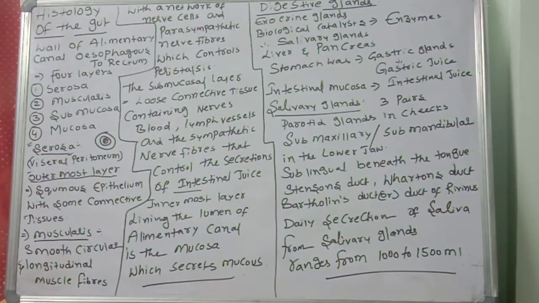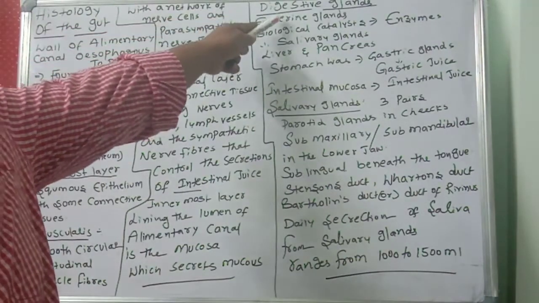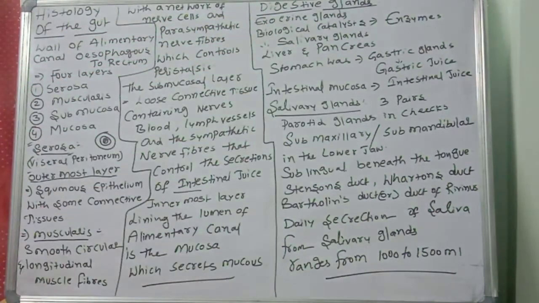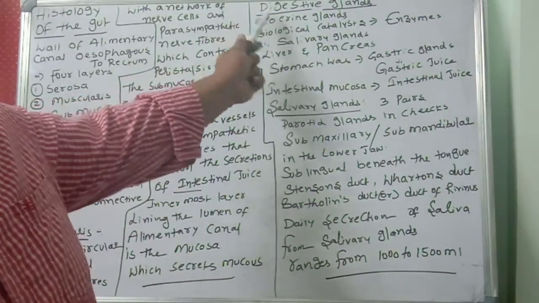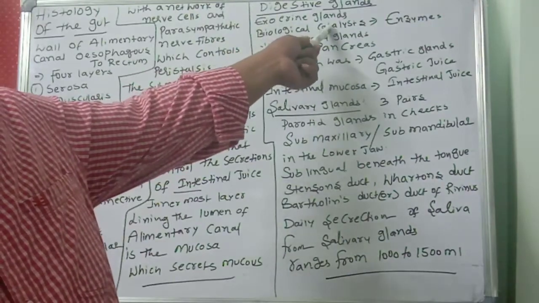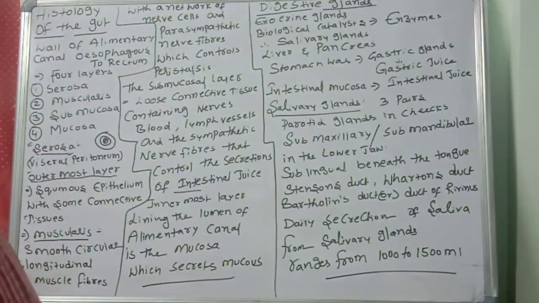They secrete hormones directly into the blood. So endocrine glands are ductless glands, and all digestive glands are exocrine glands, which have ducts. Enzymes are biological catalysts. What is the meaning of catalyst? It doesn't take part in the reaction, but it increases the rate of the reaction.